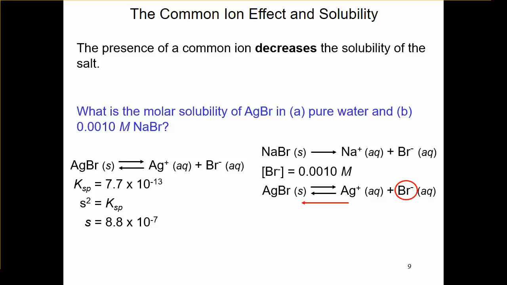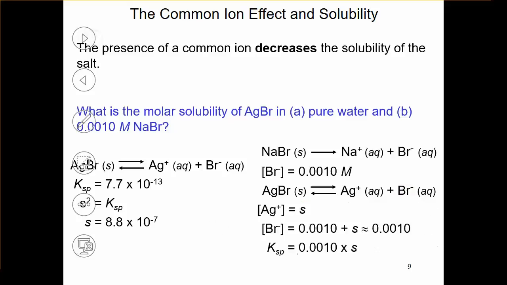And so we could determine the concentration of the iron thiocyanate from the concentration of the iron. Okay, so it's kind of the same idea. We're trying to force it one way. So by increasing the concentration of the bromide, we're pushing it this way. So the presence of this common ion is decreasing the solubility of the salt overall.